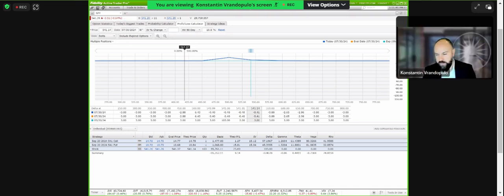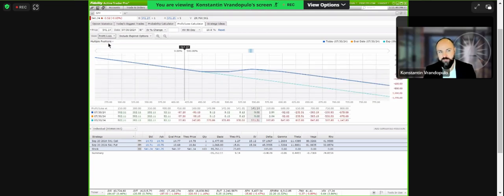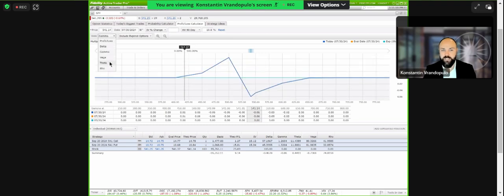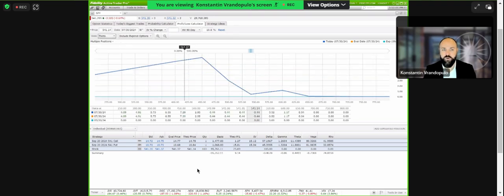That's right, Matt. And I just wanted to elaborate on this. We normally spend the vast majority of the time in the profit and loss calculator by looking through the view of the profit and loss diagram. But remember that you can switch it to a delta, or a theta or a gamma, and look at the relationship of your positions through the prism of what your Greek exposure is.